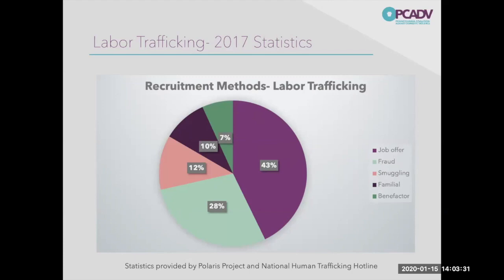And then we also have a family factor here at about 10%, because we know that sometimes, especially if there is organized crime that flows from one country into this one, a family member may, either by choice or by coercion, traffic somebody to say, hey, you have to go work in the nail salon in America, or they're going to continue to extort money from me, or whatever else it is that might be going on in that country of origin. So we do see a family factor in labor trafficking as well.